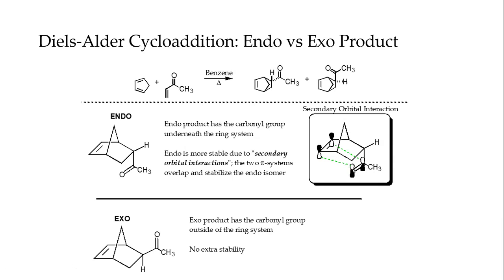So you have the transition state to think about, the HOMO-LUMO interactions. You have the ability to increase the rate by adding a donor to the diene or an acceptor to the dienophile.